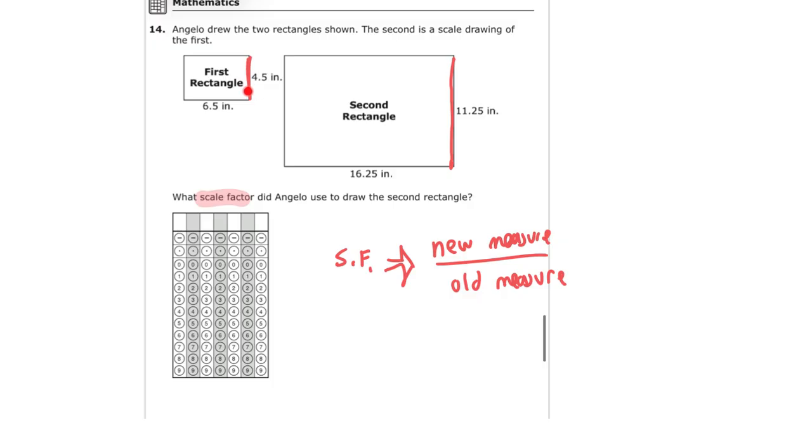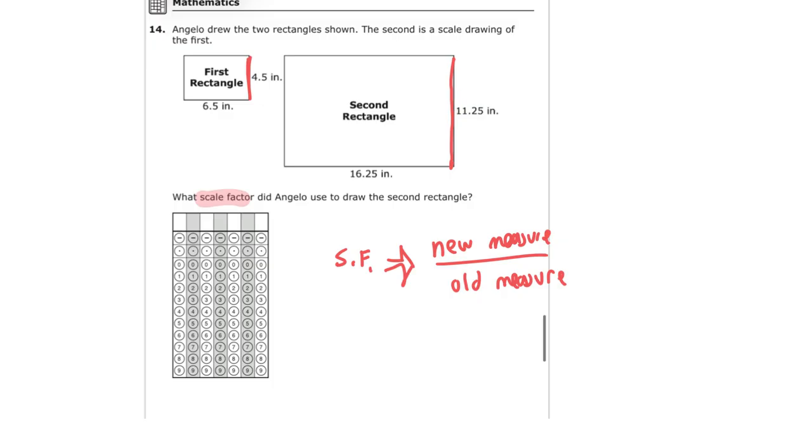This is the shorter side of this rectangle, and this is the shorter side of this rectangle, because this is longer. So it's as though you had this first rectangle and then it got scaled upwards and became this bigger version of itself. This short side blew up and became this side. It expanded, right?